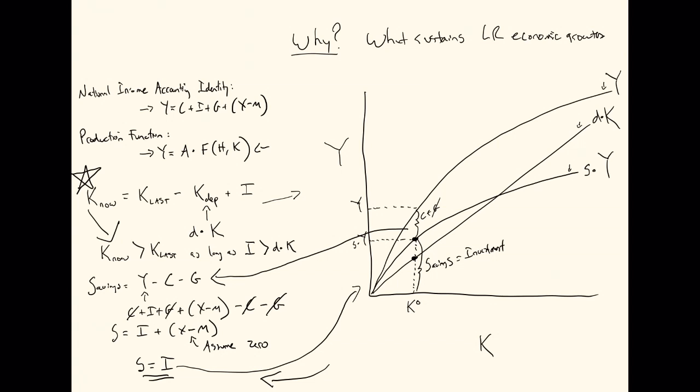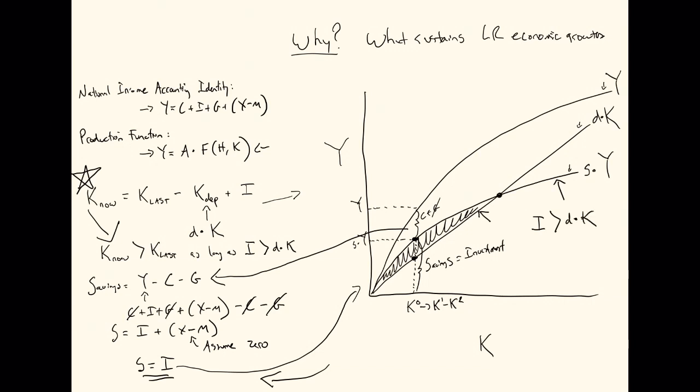Well, as long as this savings line is on top of this depreciation line, we're going to have an instance where K is going to steadily increase. So K1 would be here and K2 would be here, because everywhere in this area of the picture, we're at a place where our investment is greater than our depreciation.